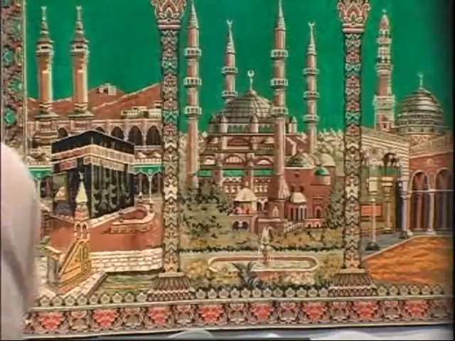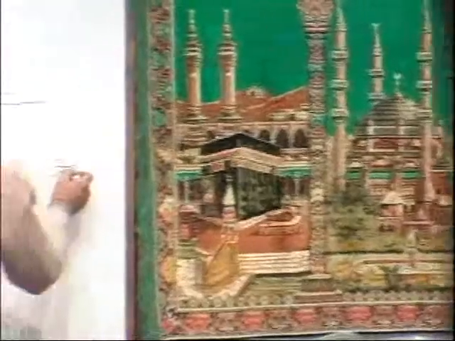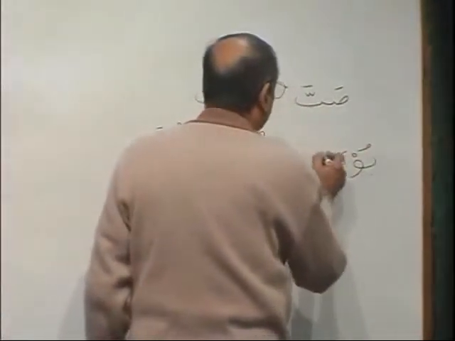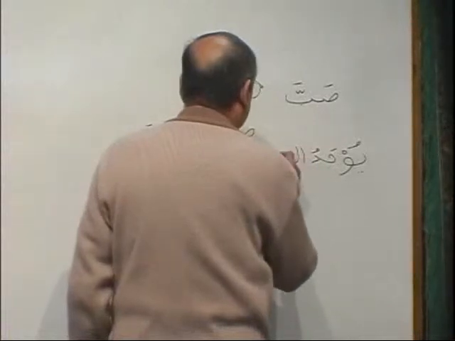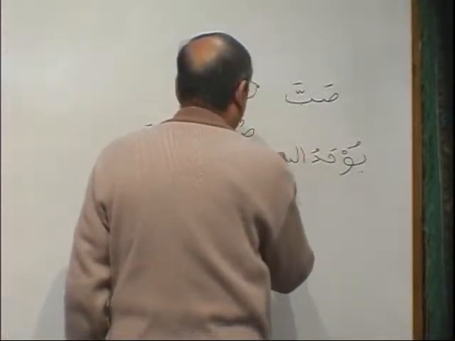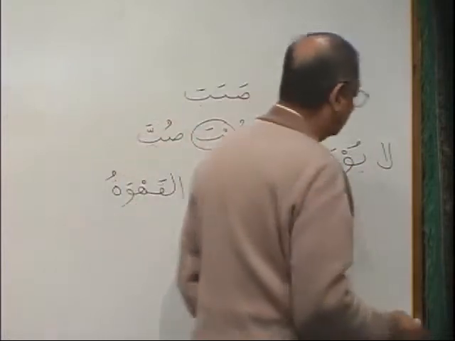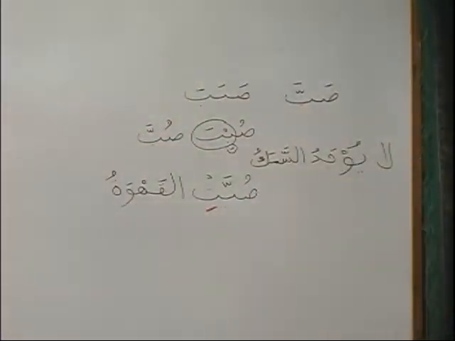Okay, brothers and sisters. How will you write down yujadu? You have to be careful. Waw will come out. Yujadu as-samaku. Okay, that's it.